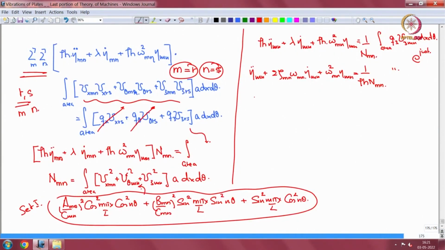Okay, so again my F mn star, the harmonic part kept outside, is this area integral of Q3 spatial descriptor u3 mn a dx d theta divided by rho h N mn.